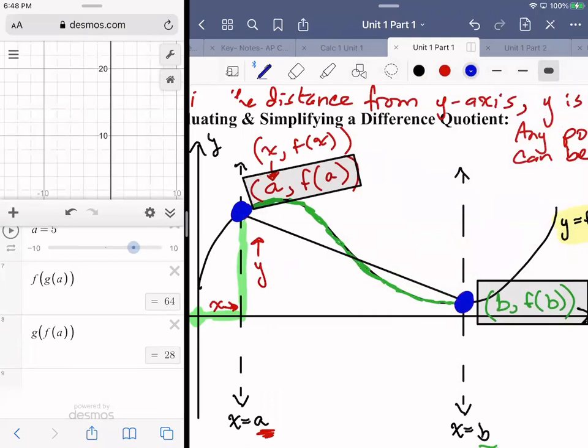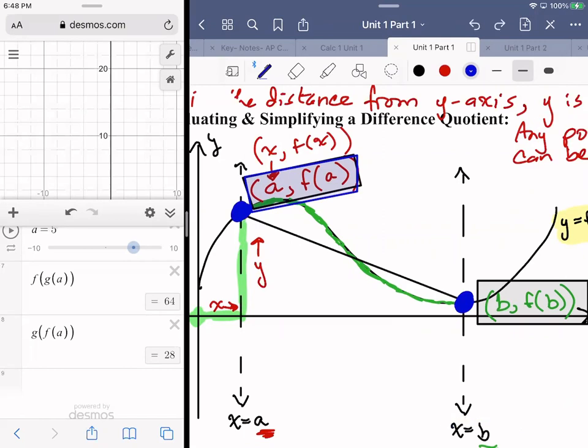So let's say you wanted to just use this set of coordinates, a comma f of a. We didn't have some point b, but we did know some horizontal distance. So this b stuff isn't here.